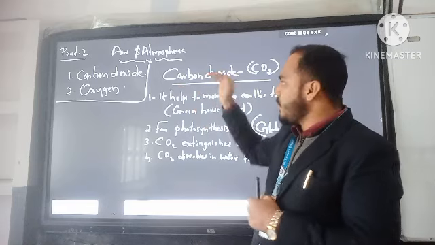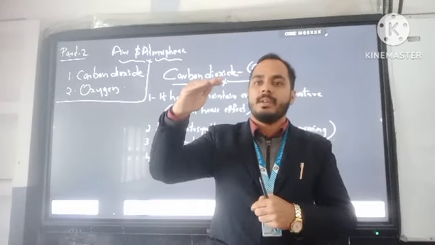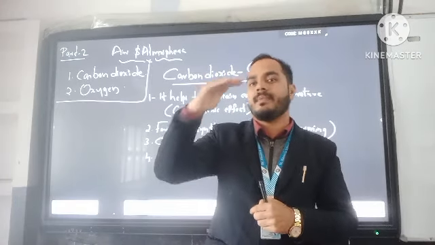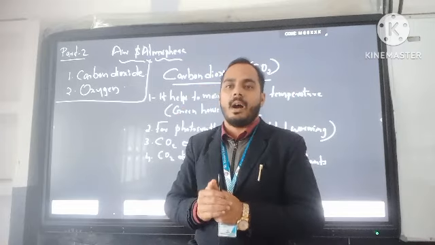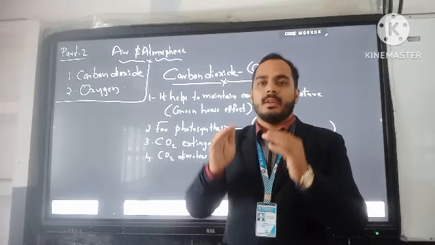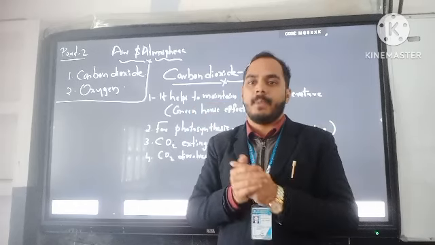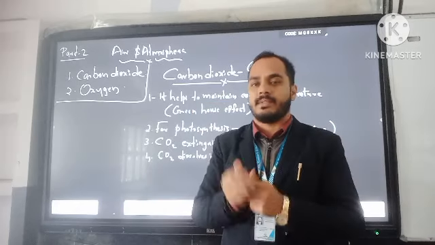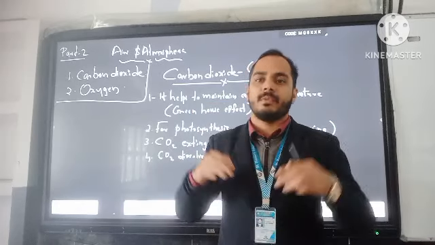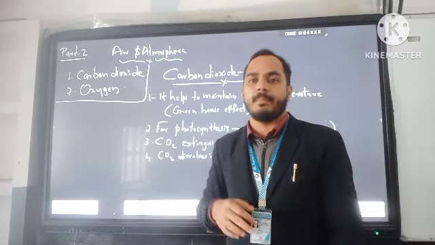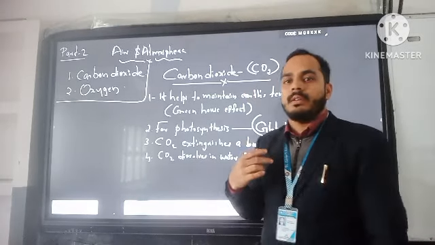So carbon dioxide helps to keep it in the atmosphere. According to that, air temperature is maintained with the help of carbon dioxide. As a result, we get the optimum temperature for maintaining our life.